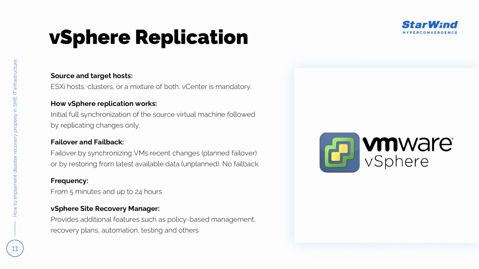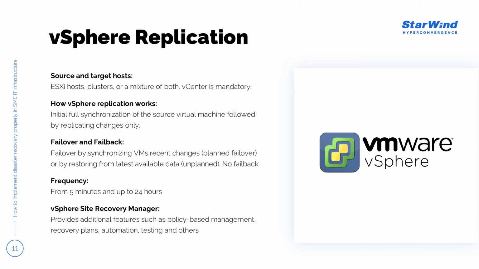Now, there is no failback in vSphere replication, so if you have performed a failover, you would need to configure replication in a reverse order to your primary site and then do failover once again.